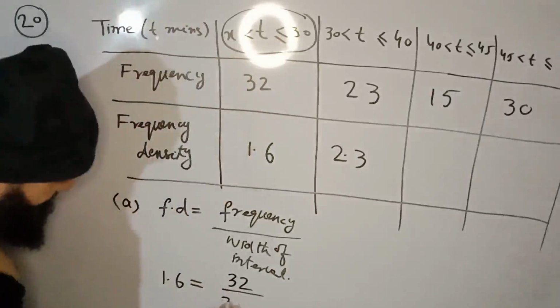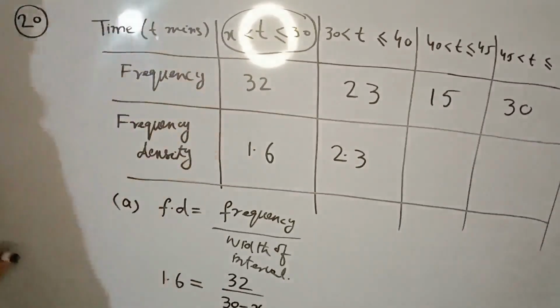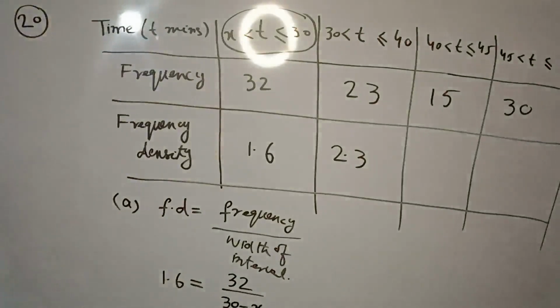So this will be 30 minus x. We have to solve this linear equation to find the value of x in the interval x less than t, t less than or equal to 30. Okay, so we solve it.